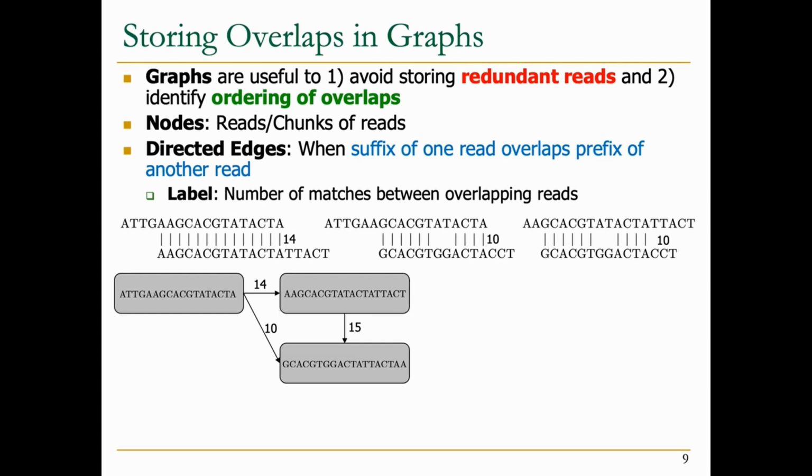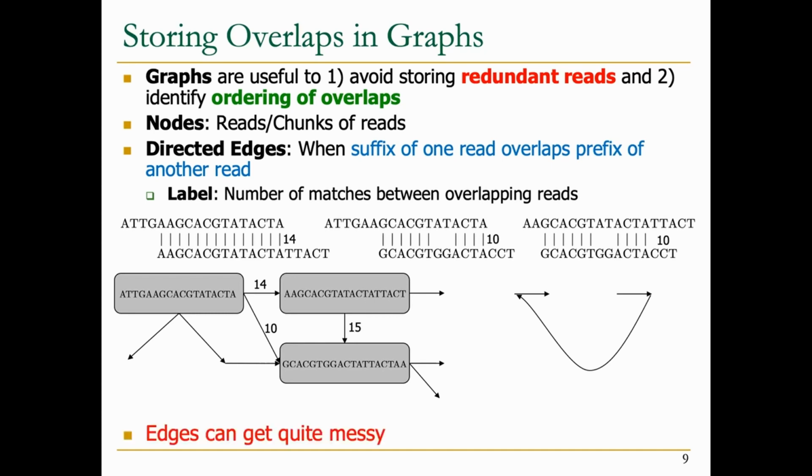Then we generate all these nodes and all these edges for all pairs of reads, and essentially what we get is a full overlap graph that represents the overlaps that we find between all pairs of reads. But there's an issue there, as it always happens.